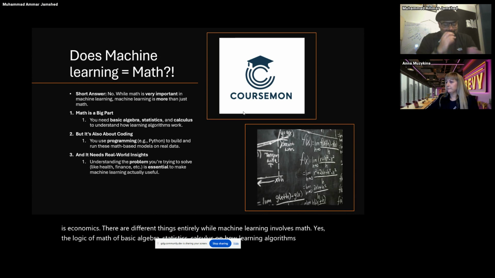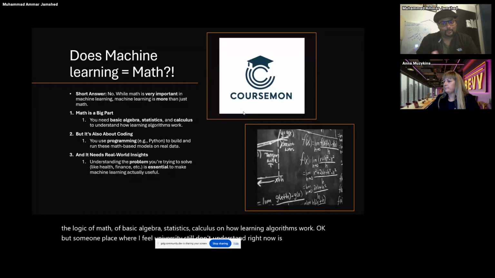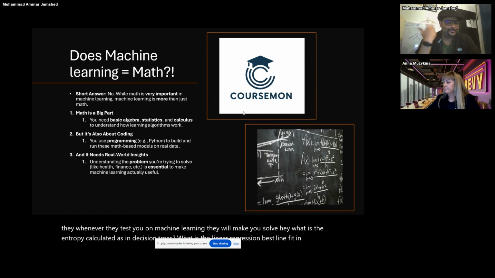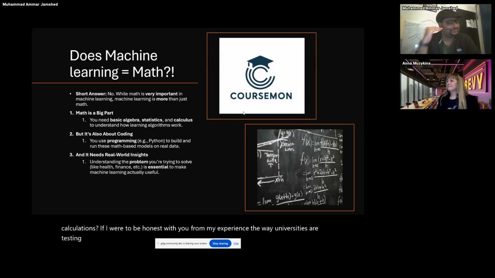But one place where I feel universities still don't understand is this. Whether you are a university student, a professional who has already been to university, or someone who never went and learned it online, you all see that most of the tests in university, whenever they test you on machine learning, make you solve things like what is the entropy calculated in decision trees, or what is the linear regression best line fit calculation. If I were to be honest with you, from my experience, the way universities are testing machine learning as an exam is wrong.